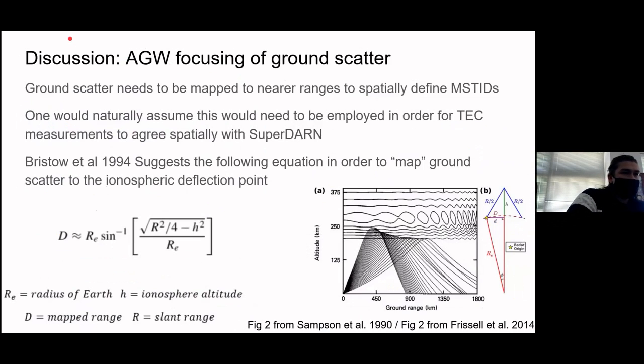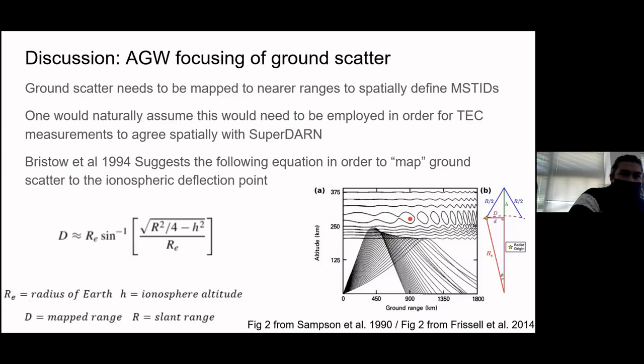So let's talk about how SuperDARN can be seeing returns, and why TEC is seeing MSTIDs, but why is SuperDARN seeing MSTIDs? For the classical SuperDARN TID behavior, going back almost since the beginning of SuperDARN, it's thought that you get density fluctuations in the ionosphere, which is what you see here. That is going to cause the rays to focus and defocus because these regions have different refractive indices.